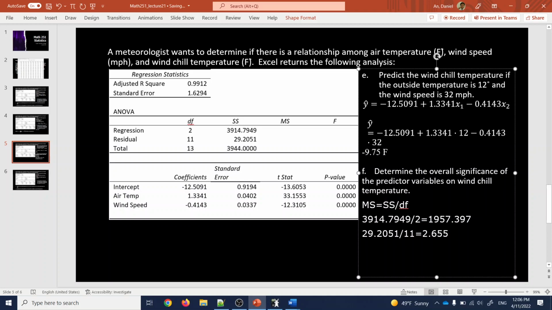Why couldn't you just do the overall total? Oh, okay. So the question was, why do we have to calculate these individually?